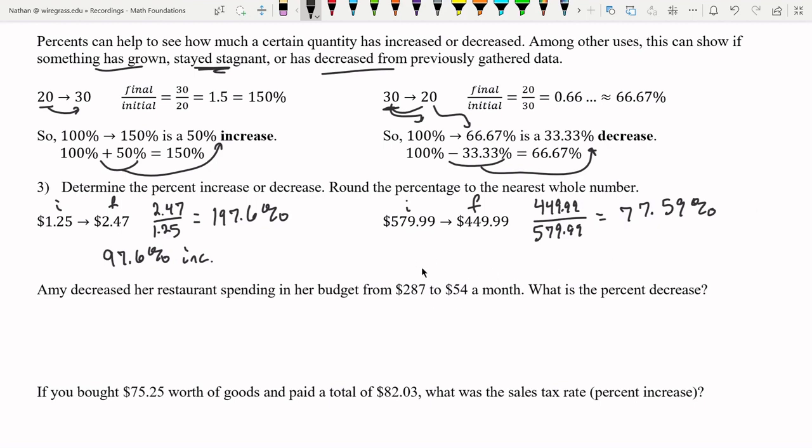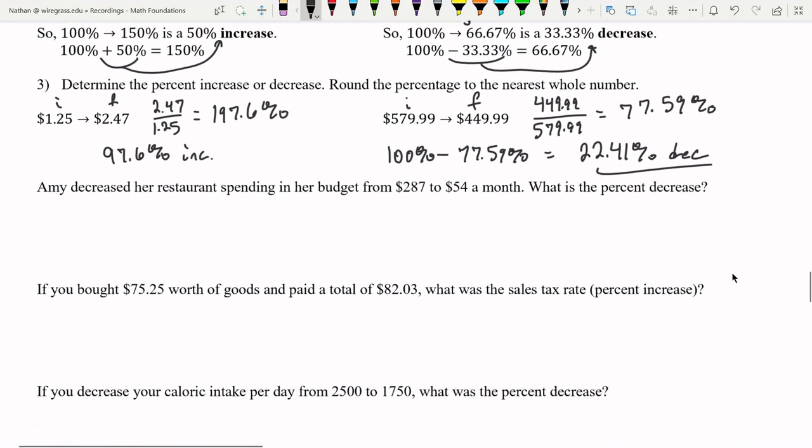In other words, this is going to be 100% minus 77.59%. It's a 22.41% decrease. That's the solution for that one. So think of this like as a sale, right? This would be 22.41% off of the price.